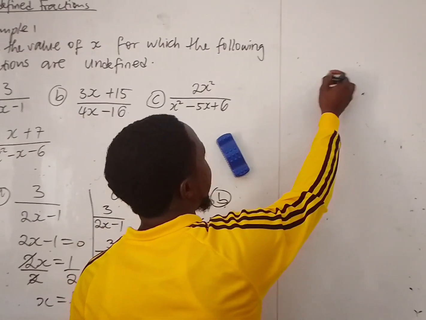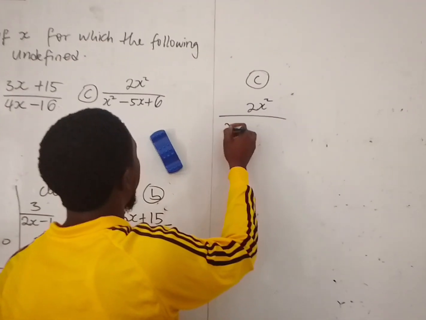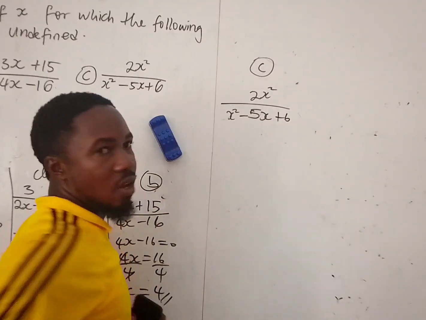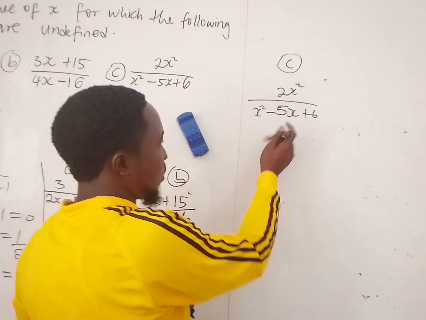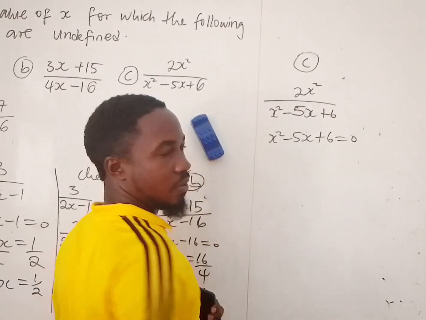So, at C, we have 2x squared all over x squared minus 5x plus 6. What's the first thing we do? Just like we've been doing before, we consider the denominator, which is x squared minus 5x plus 6 equal to 0.